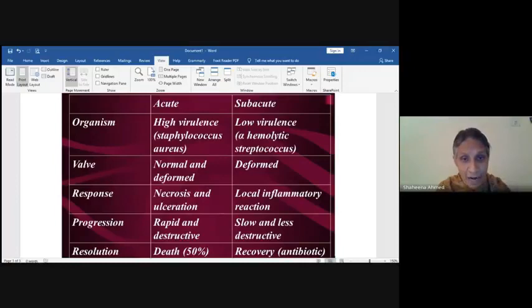Usually, it is extracardiac, it is present somewhere outside the heart, and from there, the infection reached your cardiac system. In subacute cases, again, the infection is well defined, but it is usually present within the heart. You will not find the source of infection somewhere outside the heart. It is not going to be extracardiac, whereas in acute cases, it is going to be extracardiac.